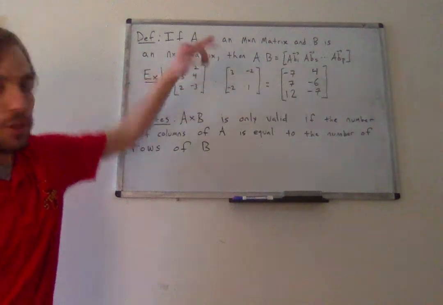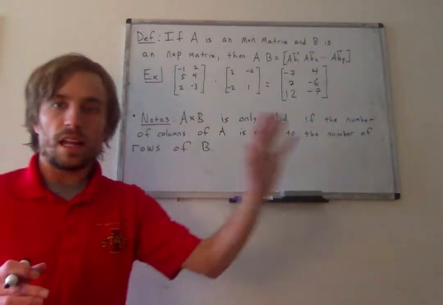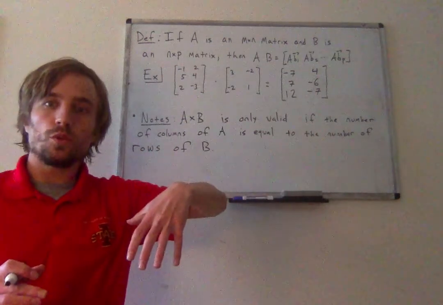And if you think about how the matching up process works, it's not going to make sense if A has too many columns that won't match up with the rows.